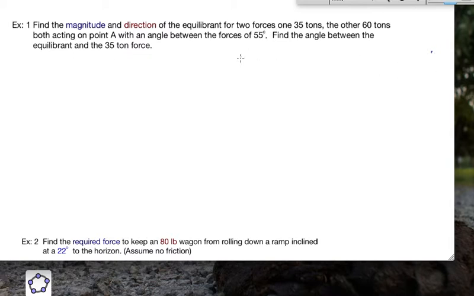Okay, so we have a point A, and there are two forces acting on that point. So one is 35 tons. So this is my 35-ton force. And then I have another force that is 60 tons.